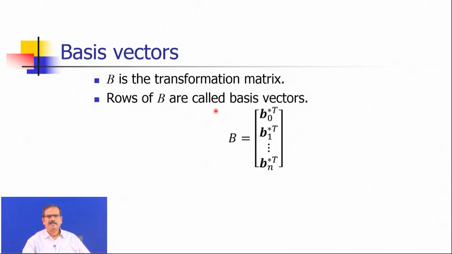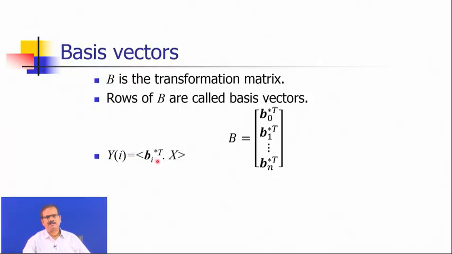So, let us consider this, say this is the representation of the transformation matrix, and these are the row vectors, which are indicated by these transpose operations. These are the complex conjugate operations, keeping it consistent with the representation we have for the inner product.